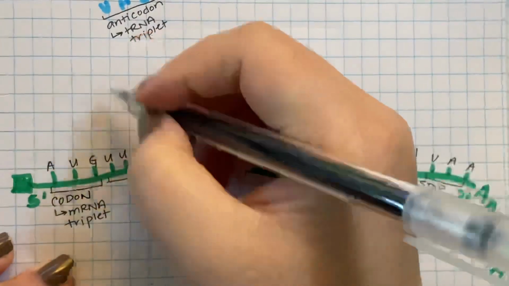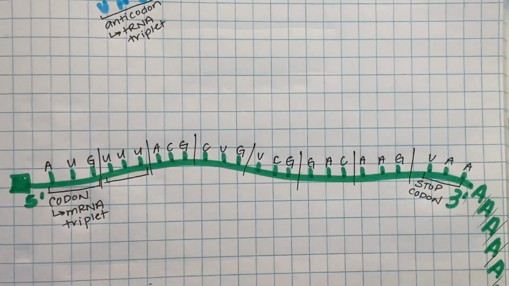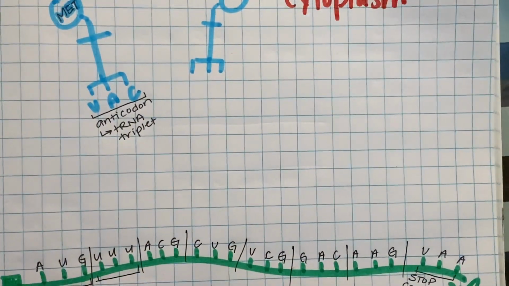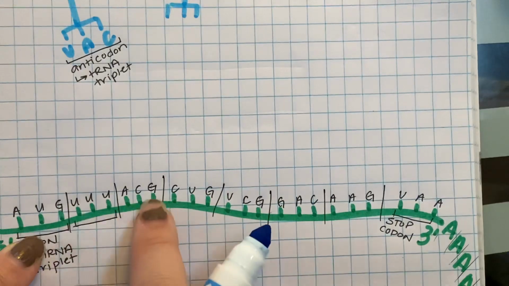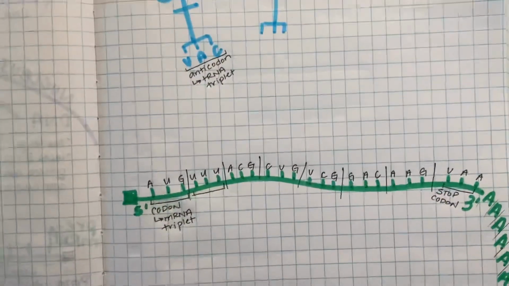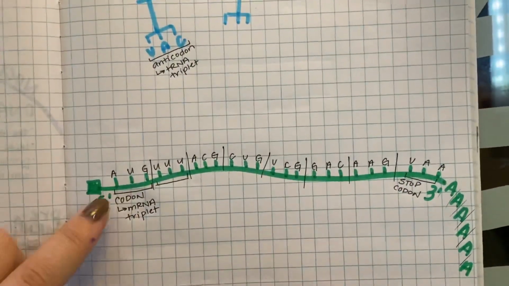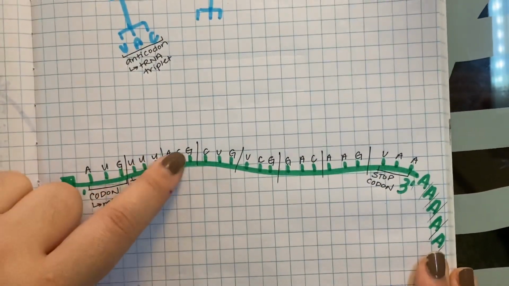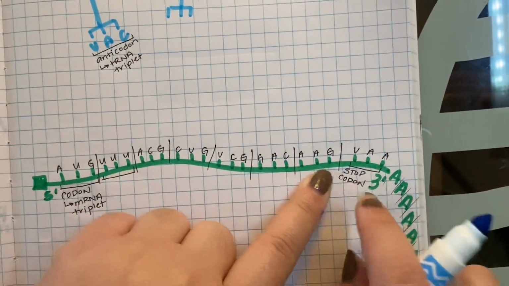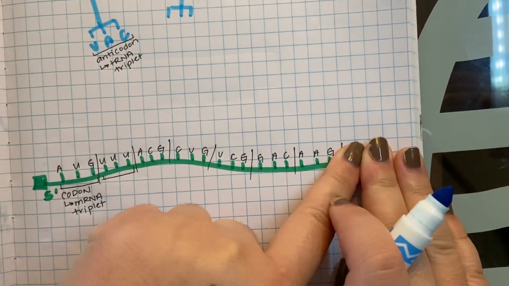So we just break up our codons. For every codon, there will be a tRNA that complements it. So every codon represents an amino acid. Let me zoom out a little. So if I have 1, 2, 3, 4, 5, 6, 7 codons, the stop one doesn't count, it doesn't add an amino acid.